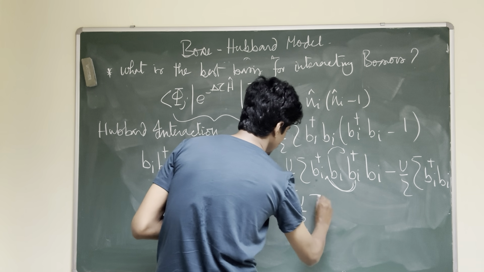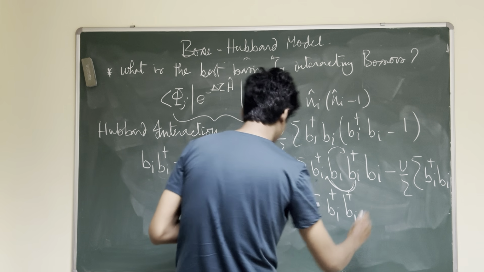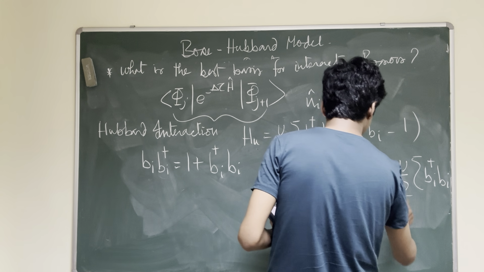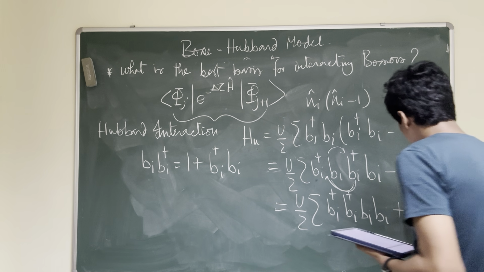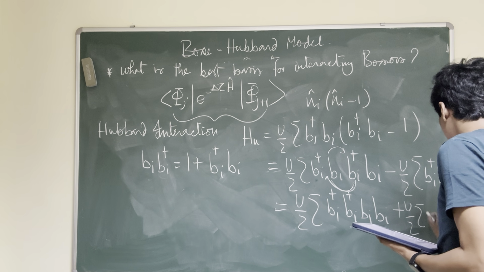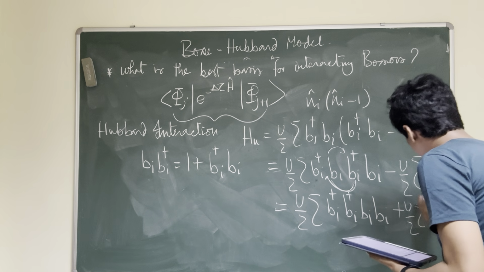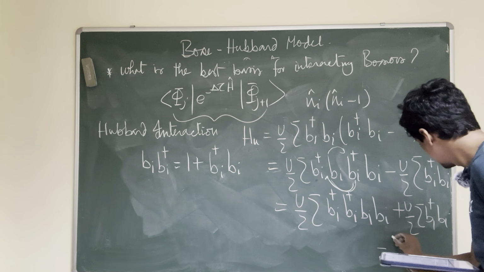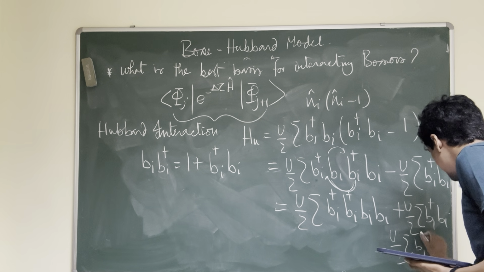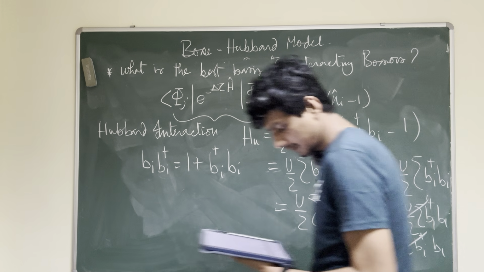here. So U by 2 sum over Bi dagger Bi dagger Bi Bi plus U by 2 Bi dagger Bi, and this minus term, this U by 2 Bi dagger Bi, will get cancelled out.